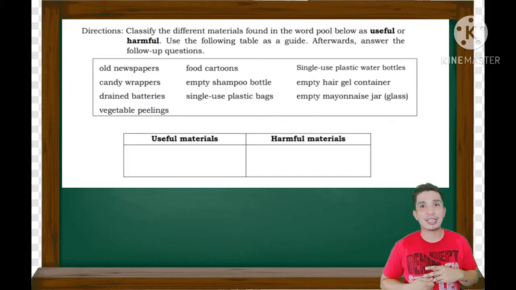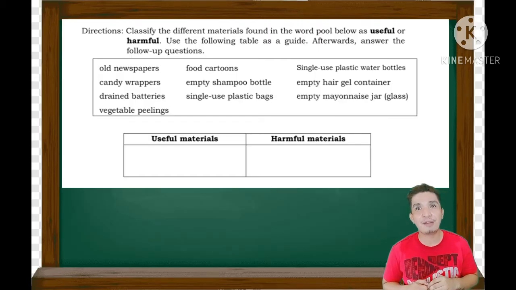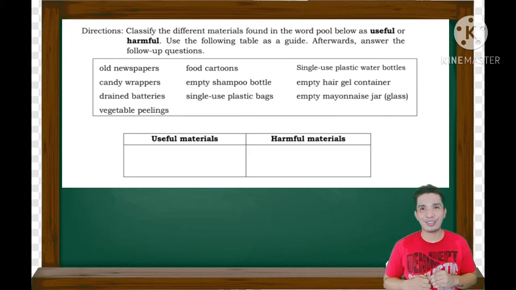Kung sa tingin mo ito ay useful, isusulat mo dito sa ilalim ng useful. Kung sa tingin mo naman ito ay nakasasama, nakasasakit, mapanganib, ilagay mo naman ito sa ilalim ng harmful materials. Gawin ito sa inyong answer sheet.